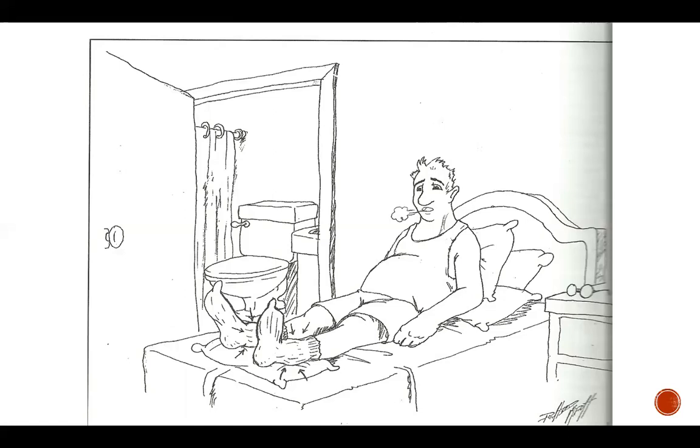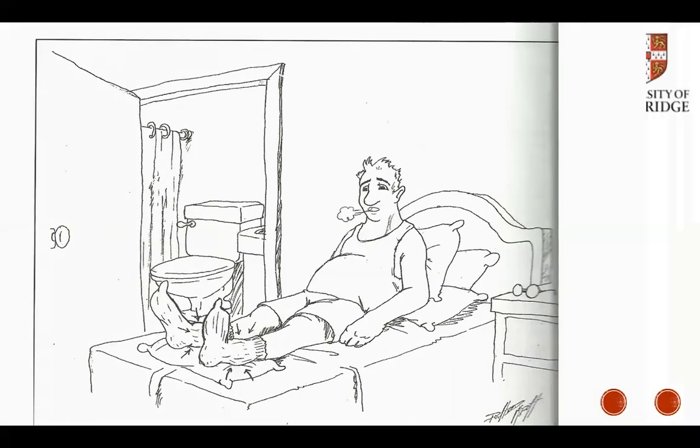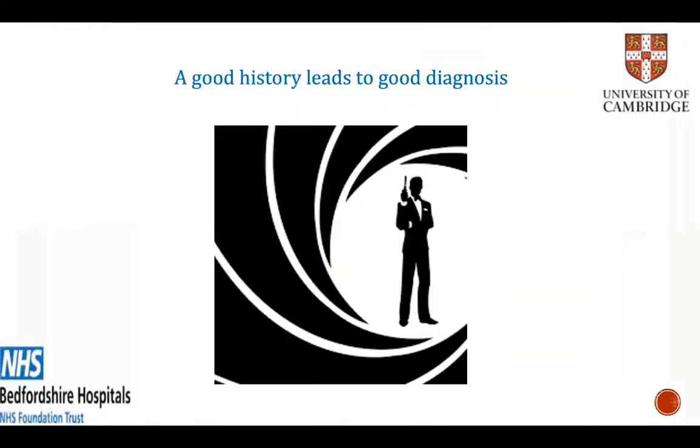That's why, first of all, as I said, history is very, very important. And then comes one of the most important things, the cardiovascular examination. On an overall basis, as I said, a good history leads to a good diagnosis.